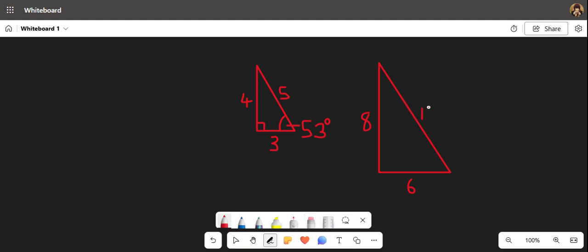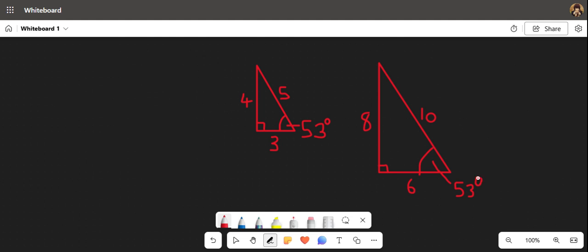Angles will still be the same because of similarity. So that's 53 degrees. This is still 53 degrees.